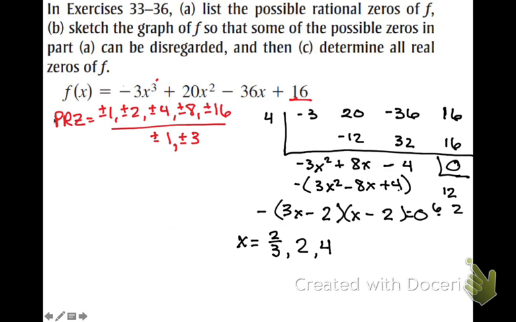Can I graph from here? So I have to go through 16, right? I probably should change my color. So I go through 16, and I probably should write 16 on there, and I will. 2/3, 2, 4.